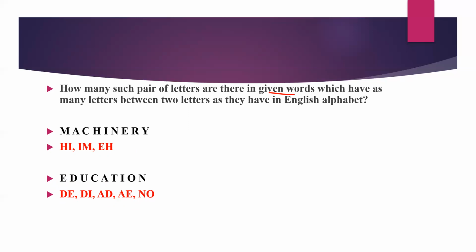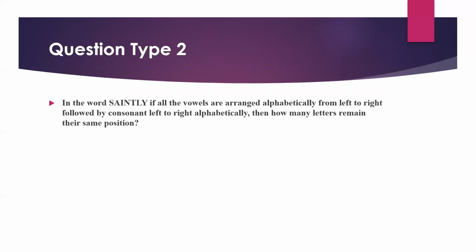So now we are moving to the next type of question. So see, what is the question? In the word saintly, if all the vowels are arranged alphabetically from left to right, followed by the consonants left to right, also arranged alphabetically only, then how many letters remain at their same position?